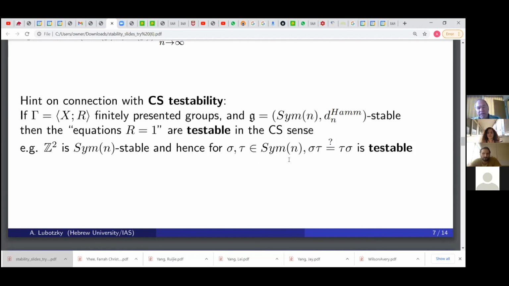Here, I think about the commuting permutations as your code. All the pairs of permutations in Sn cross Sn which commute with each other form a subset; this is your code. Now I give you two permutations and I want you to check whether they are nearby the code or not.